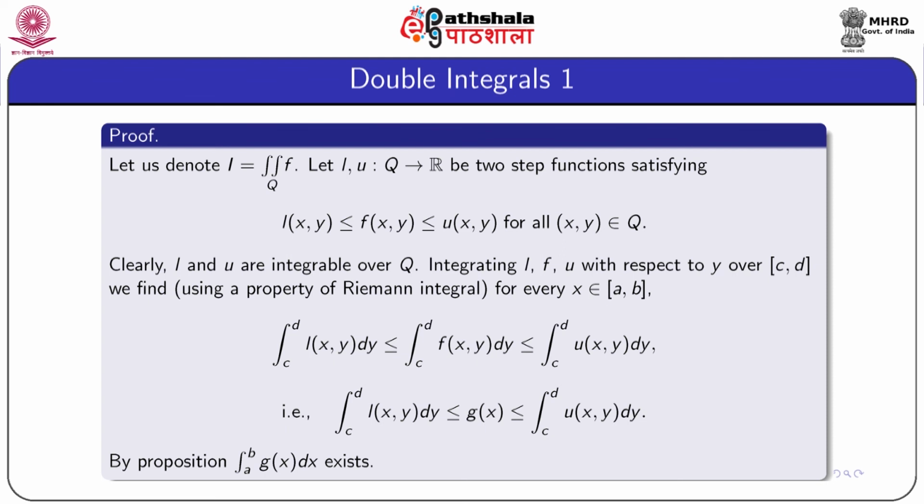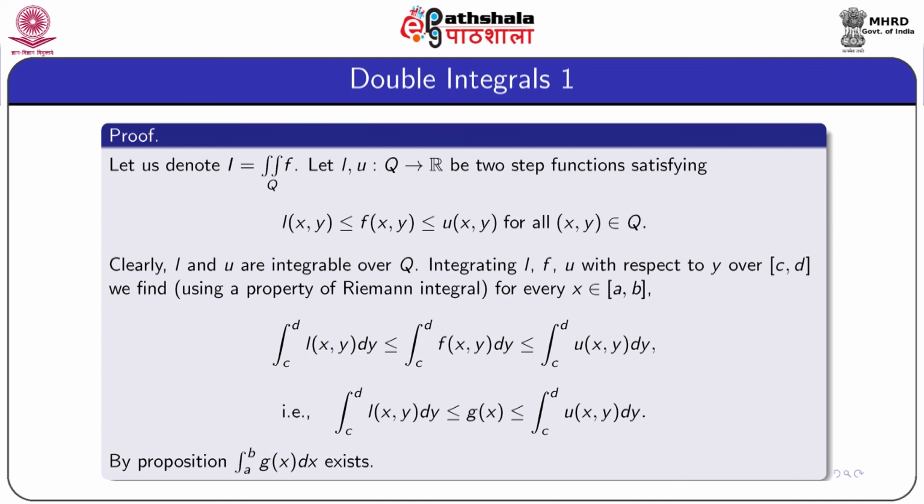Clearly, L and u are integrable over Q. Integrating L, f and u with respect to y over [c,d], we find the integral from c to d of L(x,y) dy less than or equal to the integral from c to d of f, less than or equal to the integral from c to d of u. That is, the integral from c to d of L(x,y) dy is less than or equal to g(x), which is less than or equal to the integral from c to d of u(x,y) dy.